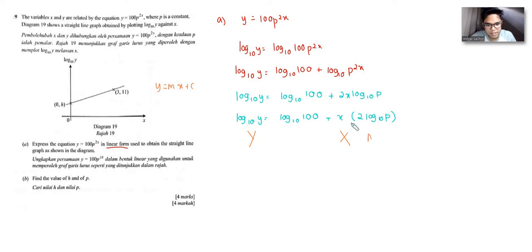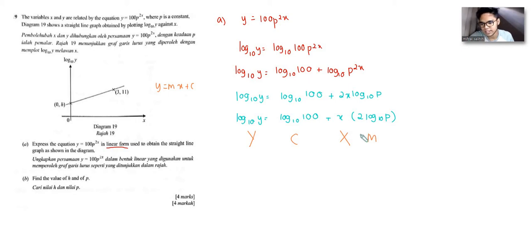So we have our gradient over here, which is 2 log10 p. And lastly, we have our c, which is our y-intercept. So now we have taken out many important pieces of information from this equation. We know that the y is log10 y, the y-intercept is log10 100, and the gradient is 2 log10 p.